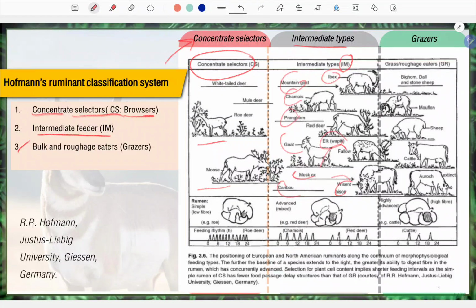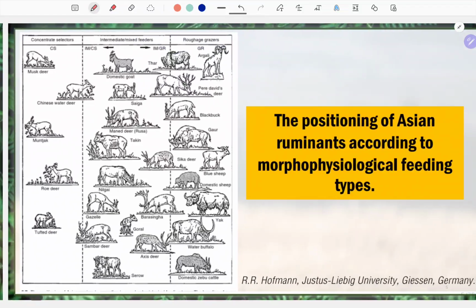The third one is the grazer animal, called bulk or roughage eater. It is a kind of large ruminant that grazes grass in the field. These are the animals in this category.